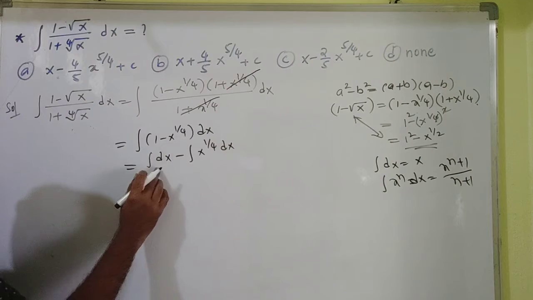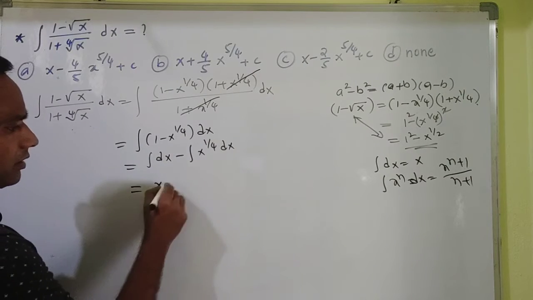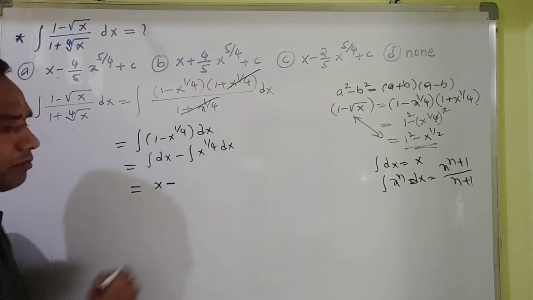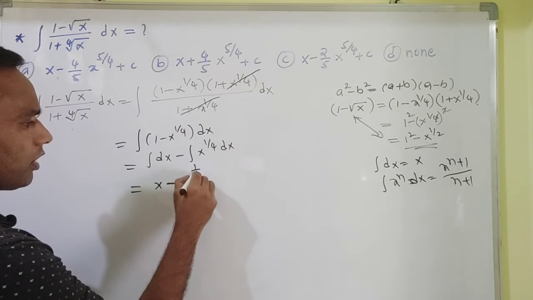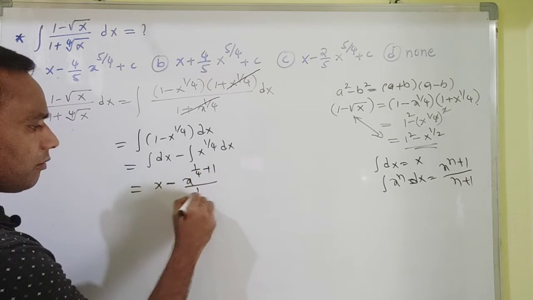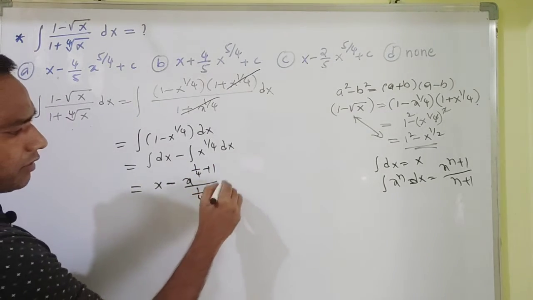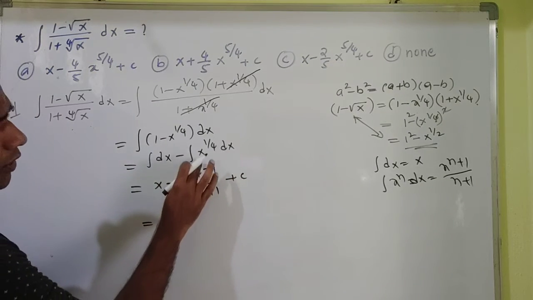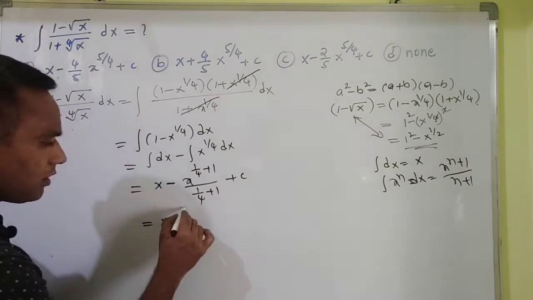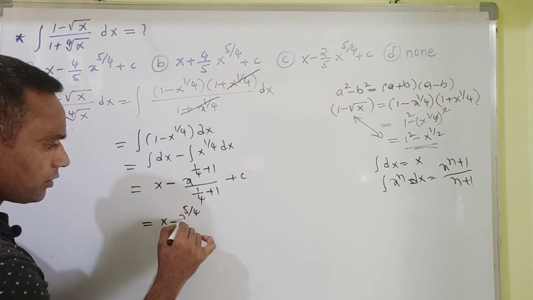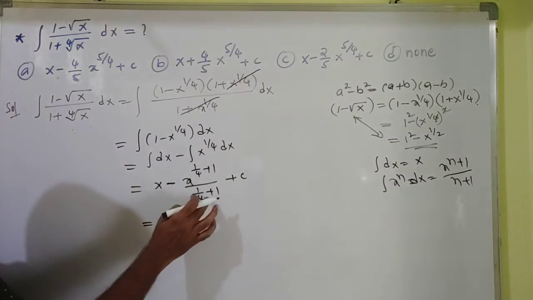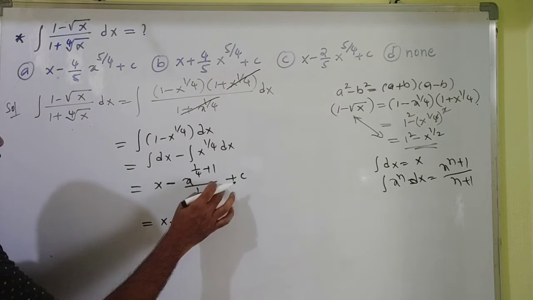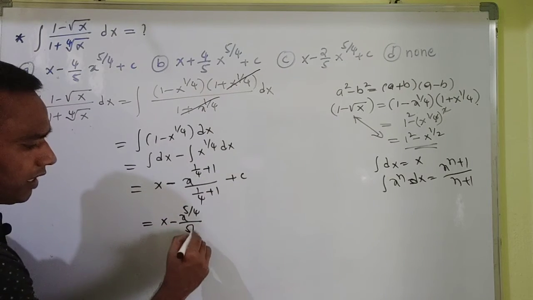Now apply it: x minus x to the power of 1 by 4 plus 1 divided by 1 by 4 plus 1, plus c. That gives x to the power of 5 by 4 in the numerator, and the denominator 1 by 4 plus 1, which is 5 by 4.